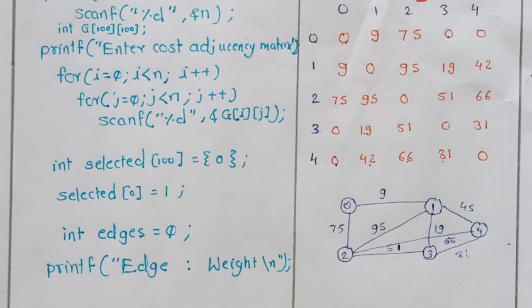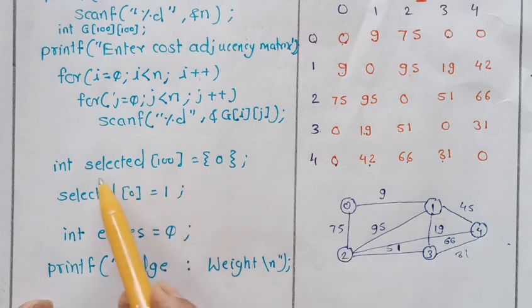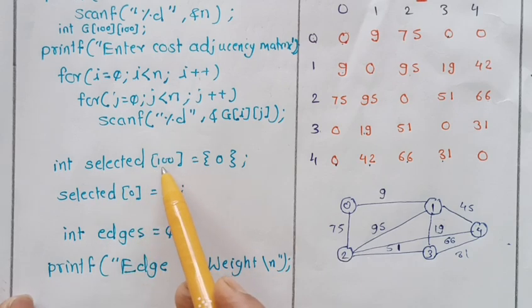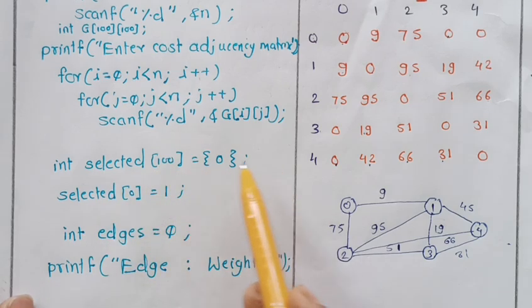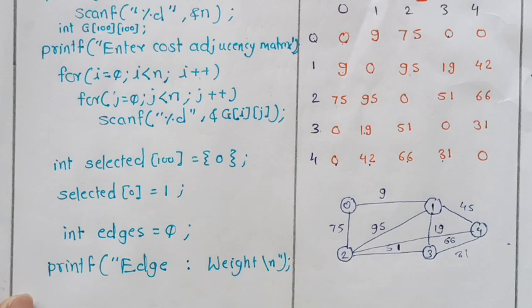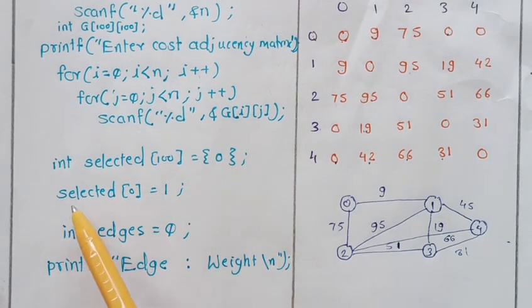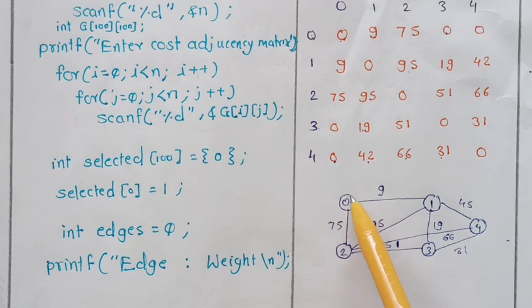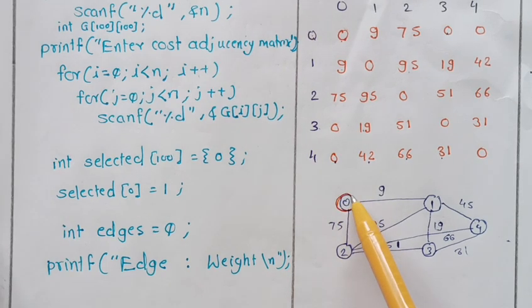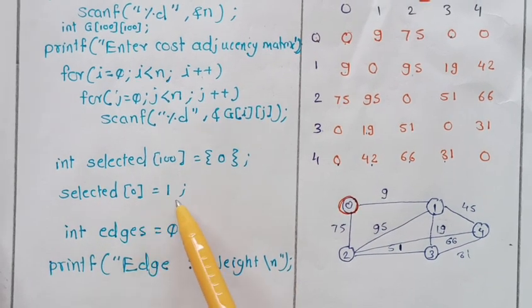In Prim's algorithm we are selecting only the minimum cost edge here. For that we have to take one more array, that is selected. We are giving size 100 here, and in each of the 100 places we are putting 0. All boxes will be 0, but first we are selecting this 0 node, so selected of 0 equal to 1 we have to put.